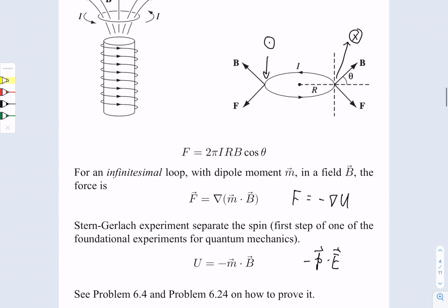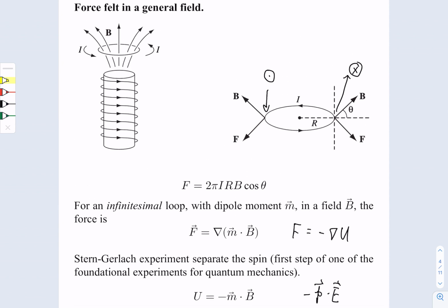The general idea is that if you Taylor expand the magnetic field in the vicinity of the point of an infinitesimally small magnetic dipole, even though the leading order term, which is a constant term, doesn't contribute anything to the force, the next leading order term, the gradient of the magnetic field, will produce a force.